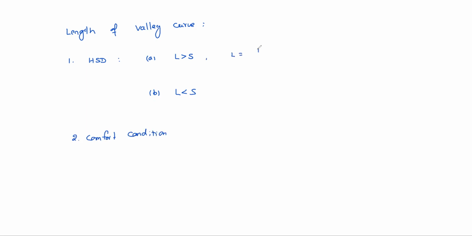Here L equal to ns square by 2h dash plus 2s tan alpha. Here L equal to 2s minus 2h dash plus 2s tan alpha by n. Here in this comfort condition, L equal to 2 times of nv cube by c to the power of half.